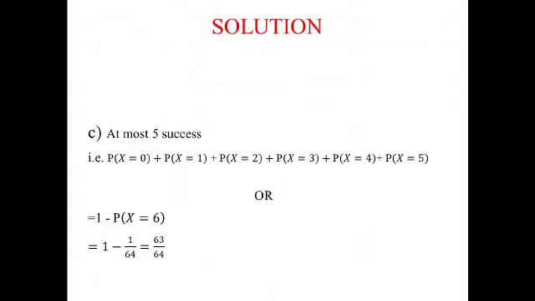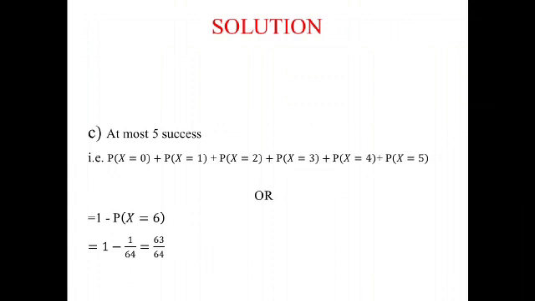Now going to the last sub question, the probability of getting at most 5 successes. So at most means maximum 5 successes. So that will be equal to P(x = 0) or P(x = 1) or P(x = 2) or P(x = 3) or P(x = 4) or P(x = 5).